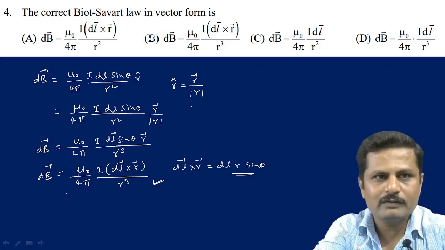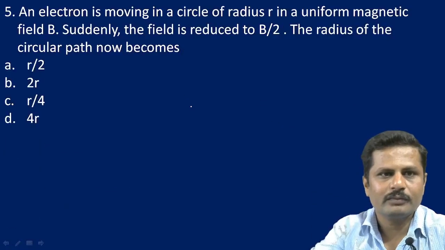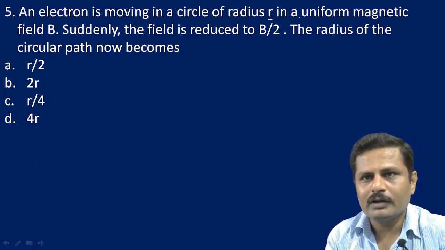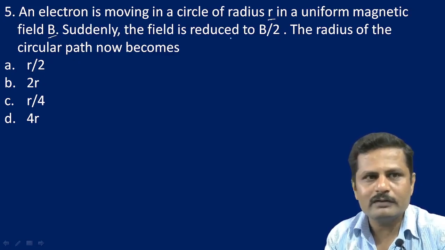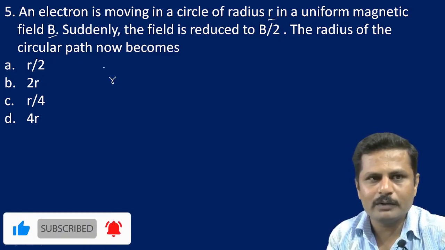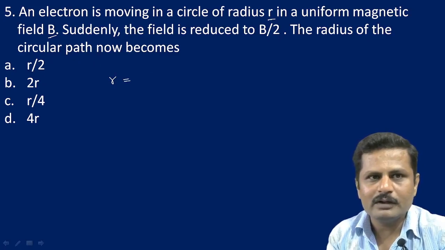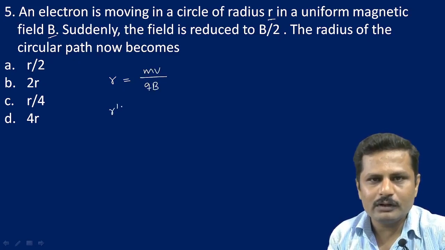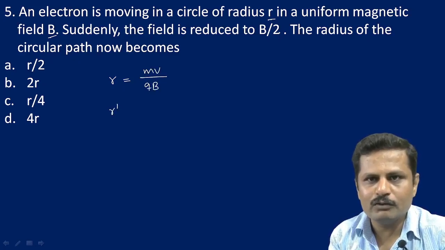Moving to the next question, an electron is moving in a circle of radius r in a uniform magnetic field B. Suddenly the field is reduced to B by 2. The radius of the circular path now becomes, as we all know, the radius of the circular path of an electron moving in a uniform magnetic field is equal to mv divided by qB. Now, if the field is reduced to B by 2, what will happen to the radius?